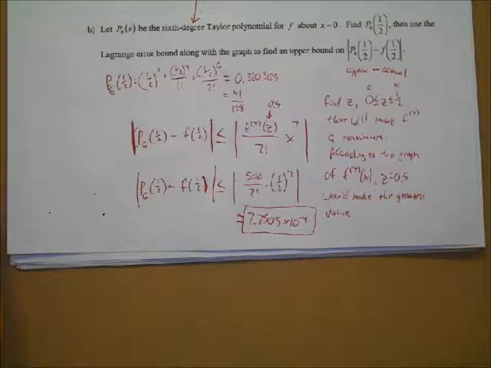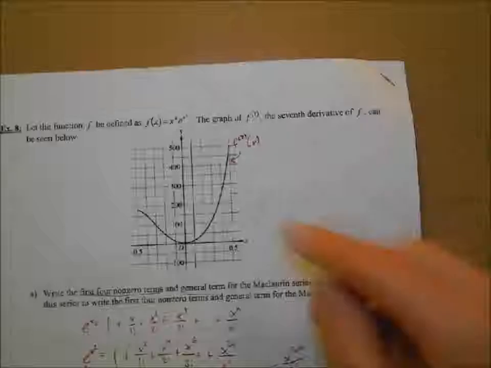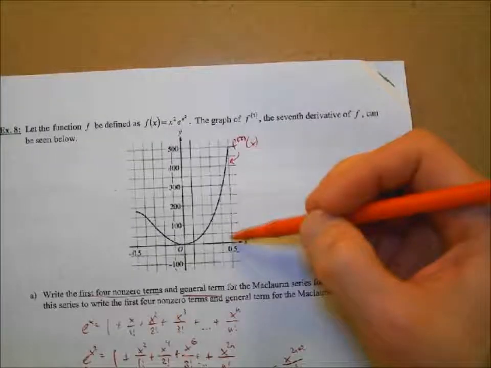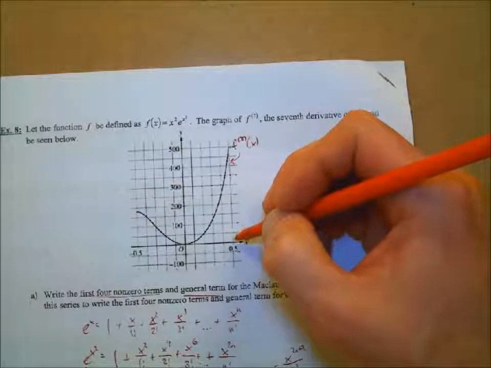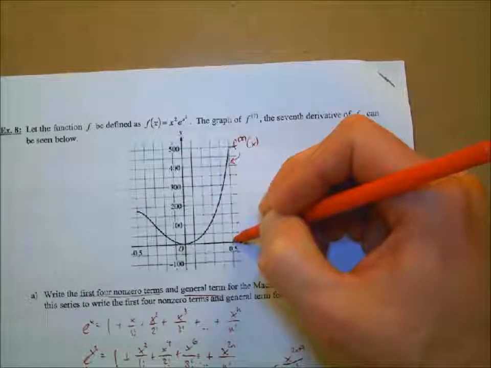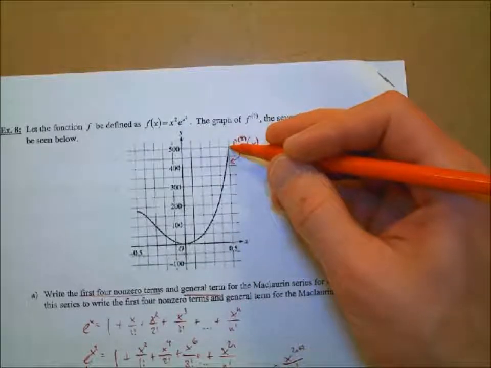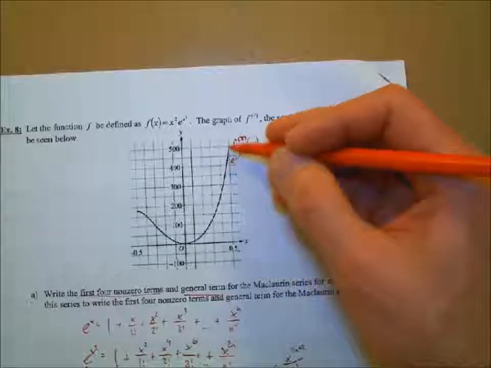One thing I do want to point out here, when you are using a graph, let's say the maximum value didn't occur at 0.5, or you weren't sure, like it's somewhere between 400 and 500. You can go ahead and just round up to the higher value.